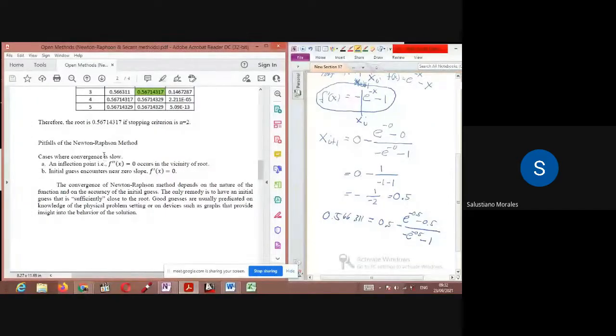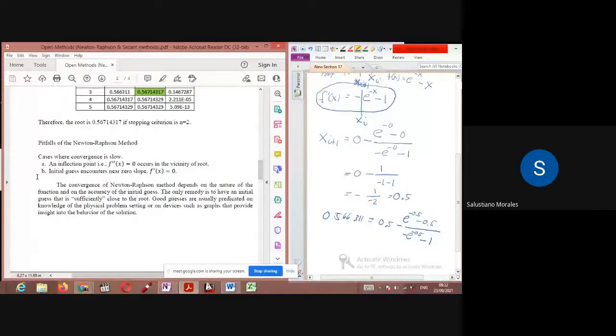And let's discuss also some pitfalls of this method. So, cases where convergence is slow, meaning we have many iterations before we can determine the root. There are two cases here. Number one is an inflection point such that f double prime of x is equal to 0 occurs in the vicinity of the root.